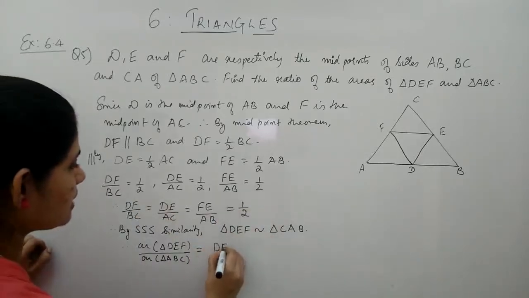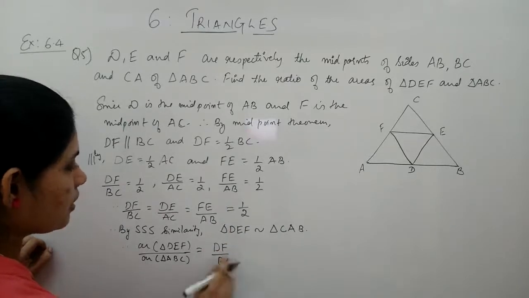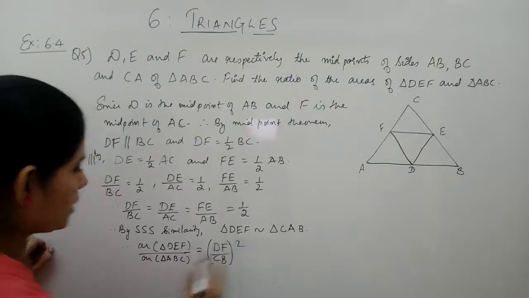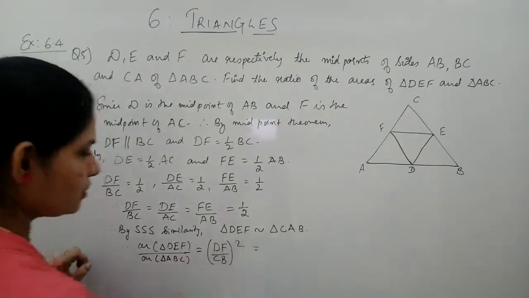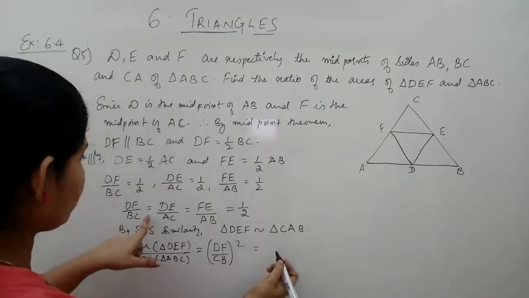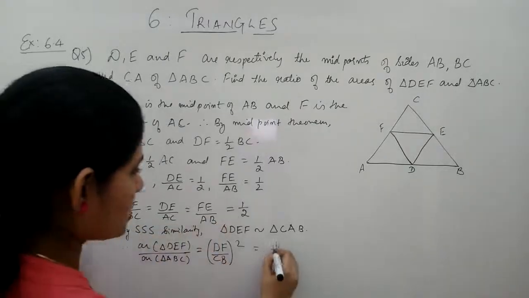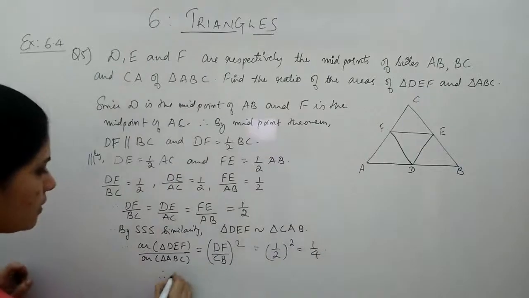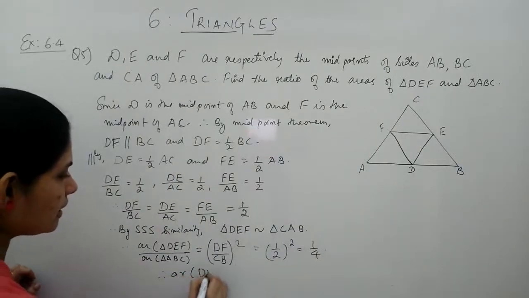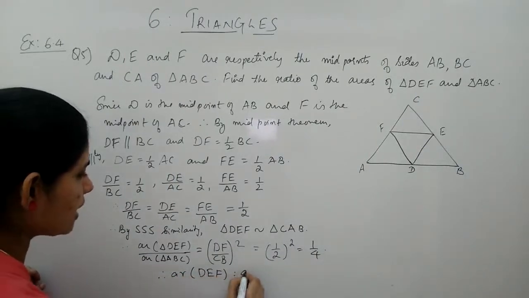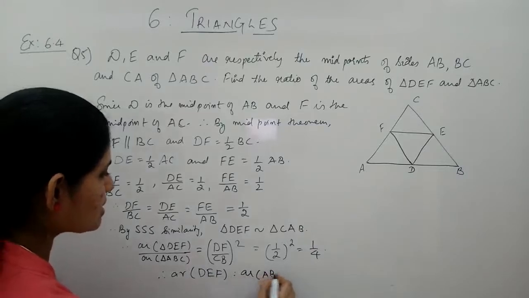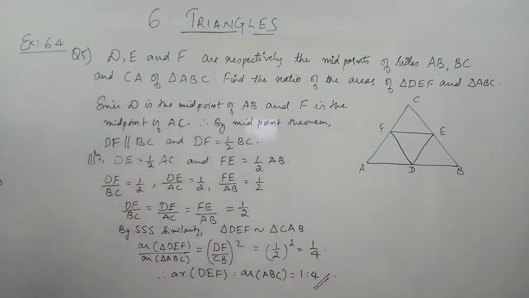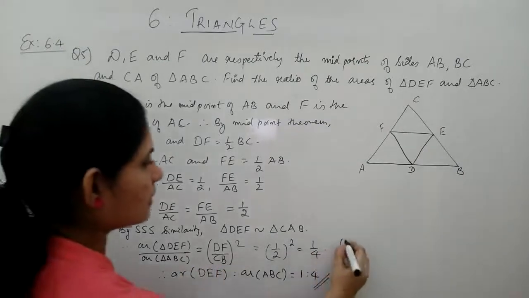So if I am taking DF by BC, it will be the whole square. What is DF by BC? You are getting half. So it is half the whole square, that means it is 1 by 4. Therefore, area of DEF is to area of ABC is equal to 1:4.